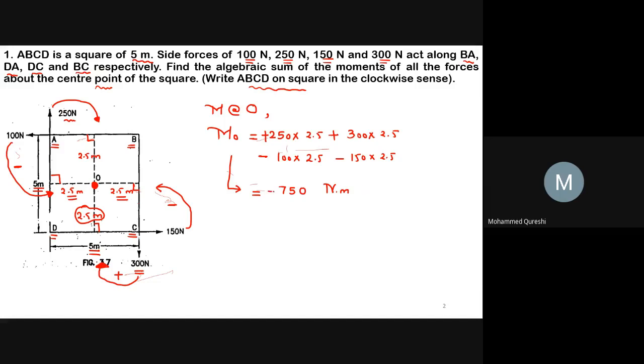And as it is positive, so I will write here as clockwise moment 750 Newton into meter.